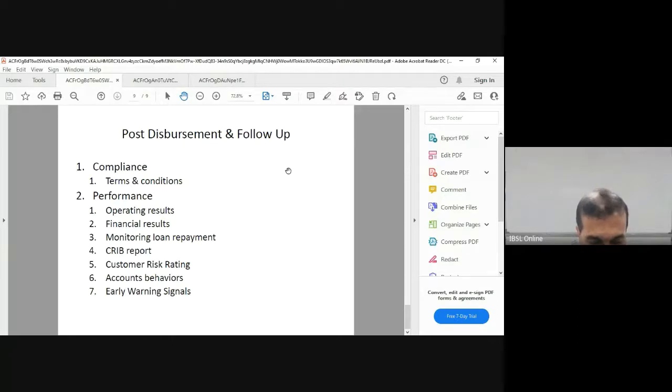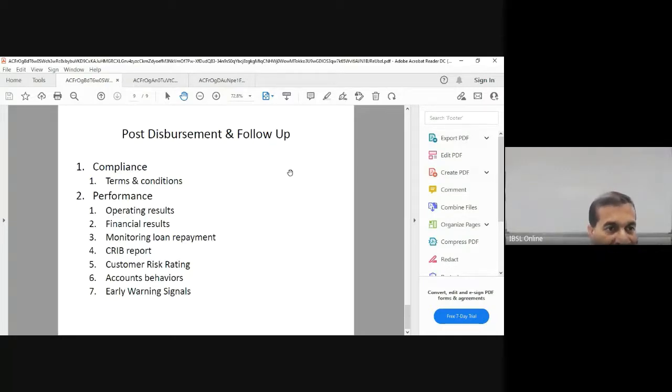So suppose you are working with HNB, you had better have a link with Commercial Bank, Bank of Ceylon and People's Bank, or even with the small banks like NTB and Pan Asia, to know whether these customers are banking with them, or else you can see from the CRIB report whether they have borrowed from anywhere else. So that information is very, very important when you do the follow-up.